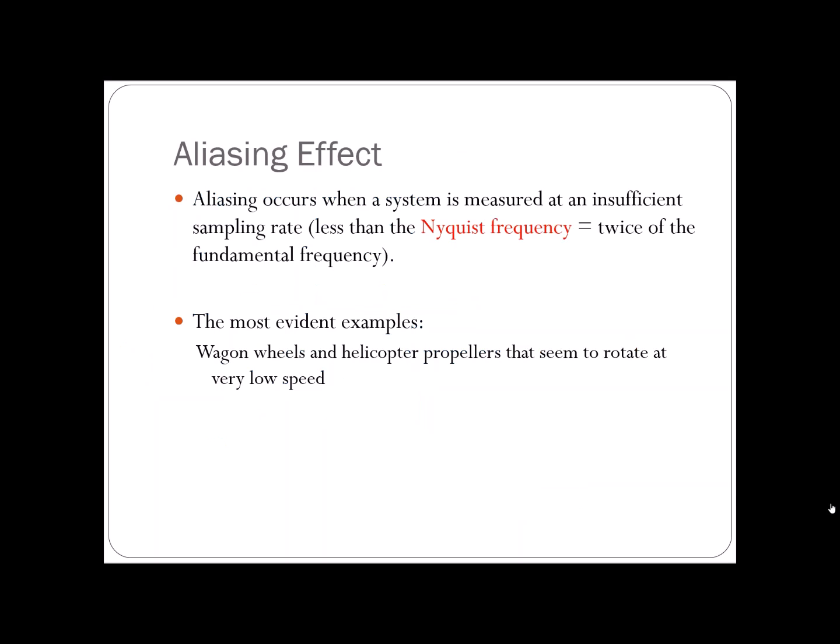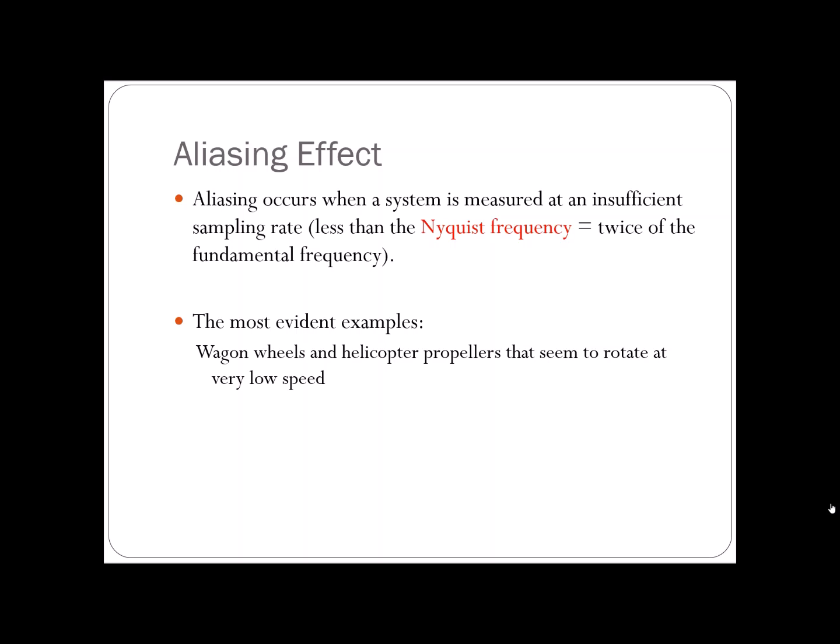There are a few more slides that I want to discuss with regards to the measurement in digital form. This is related to what we usually refer to as the aliasing phenomenon. Aliasing occurs when we record a signal, but the sampling rate of the recording is too coarse, where the sampling rate is less than the Nyquist frequency.